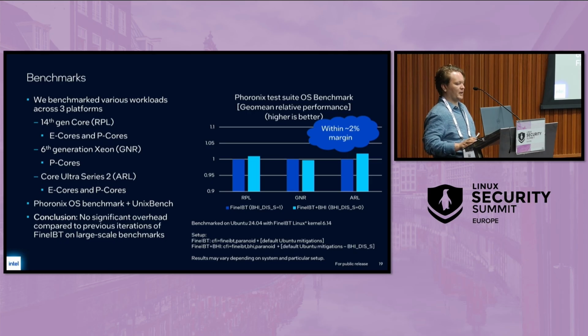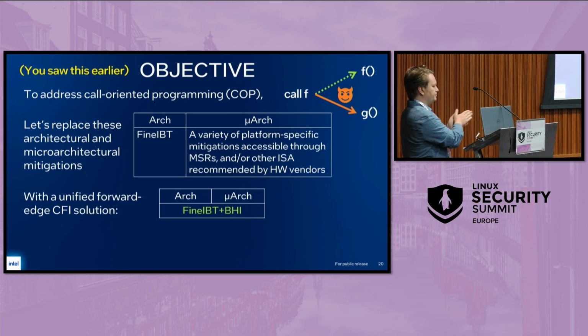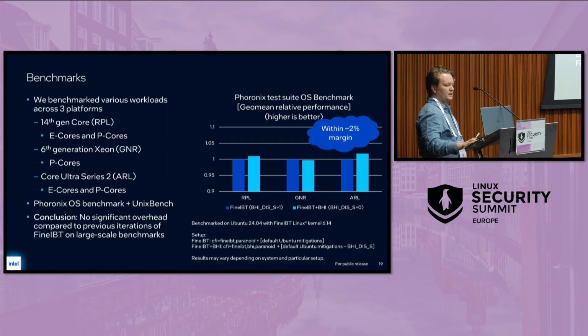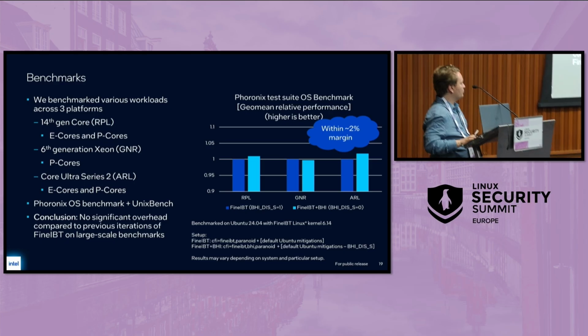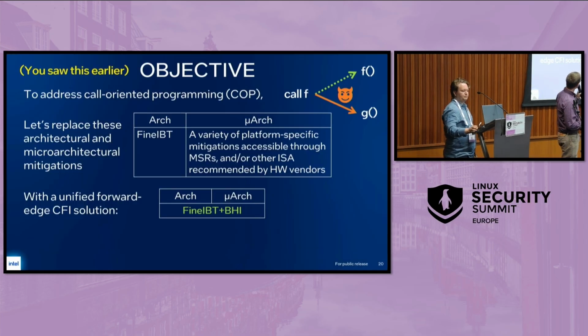We have done a bunch more benchmarking, but this is the one we're showing here at the moment, which I think is quite representative of the overall system performance. And Scott? I think that two of the 3 you showed were actually negative overhead, right? Negative overhead, yes, so with FineIBT BHI, we have better performance than with FineIBT. Right. Okay.